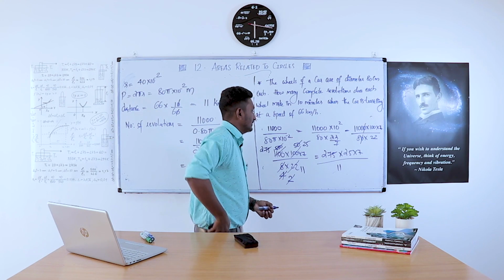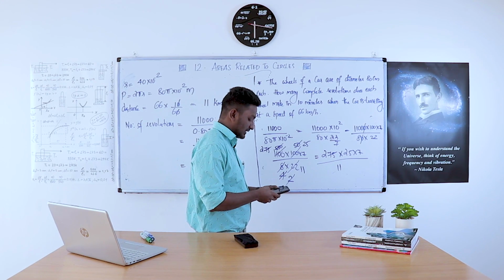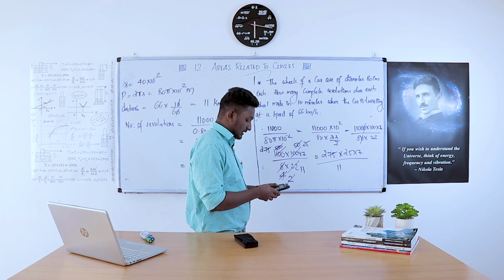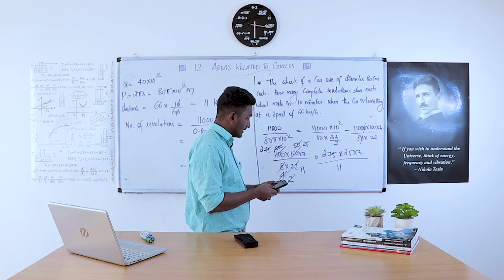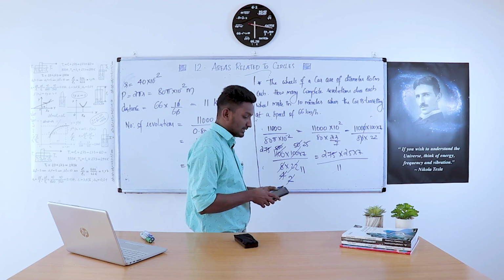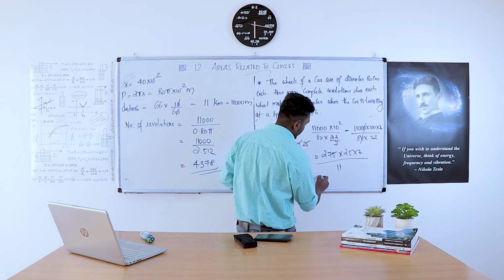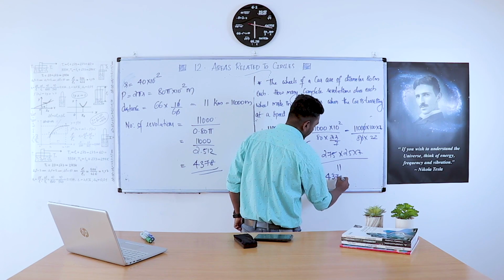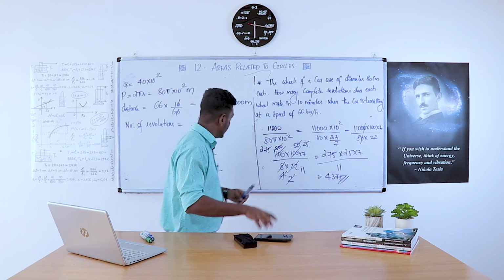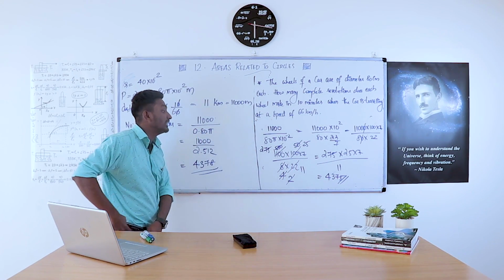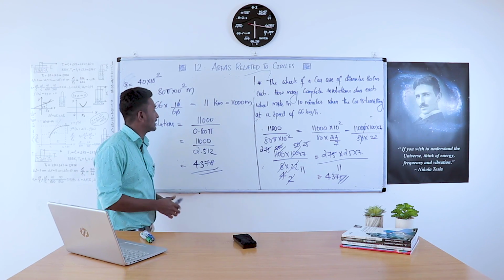Now I think we get the correct answer. 275 into 25 into 7 divided by 11. Yes, it is 4375. Here we got 4378, here we get 4375. What is the difference?